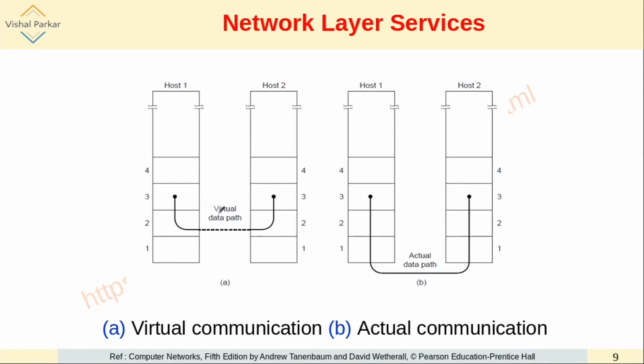So actually the data link layer at the sending machine thinks that it is communicating directly with the data link layer at the destination machine, which is not the case, and that's why it is shown as a dotted path, which is the virtual path, whereas the actual path is through the physical layer and the physical medium towards the destination machine.